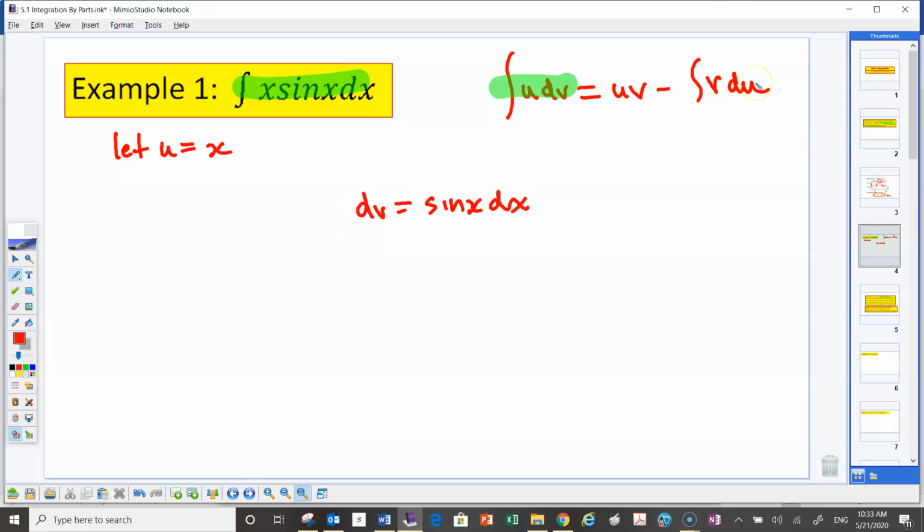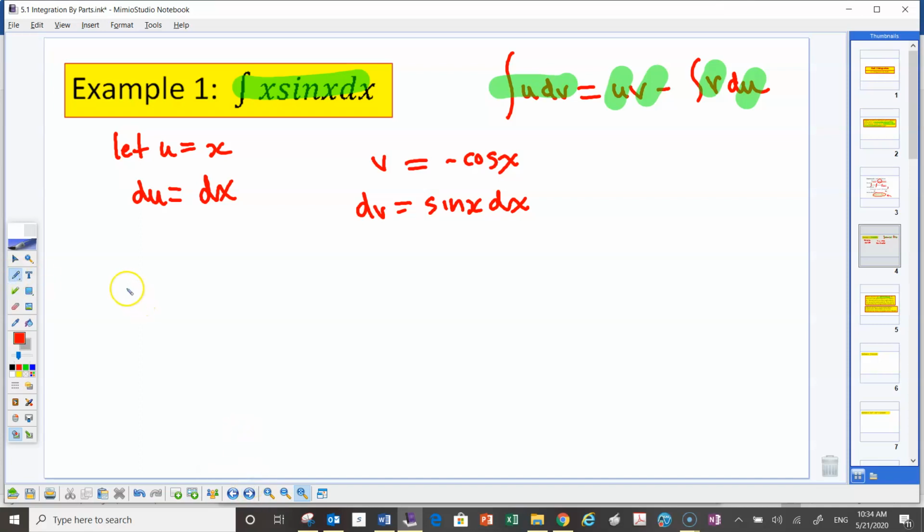Now, looking at this formula, I need to come up with a du, and I need to come up with a v. So I'm going to take the derivative of u in terms of x, it would be 1 dx, and I'm going to integrate this guy, and the integral of sine x dx would be equal to negative cos x. So now I have my four things that I can substitute into these four different parts of the formula.